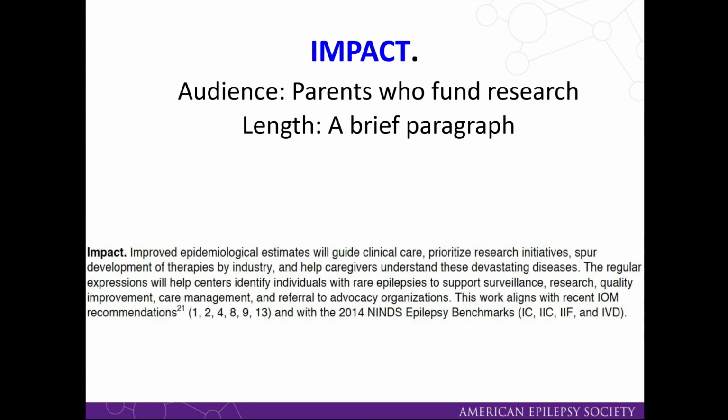Here's another example, and I'll read the first sentence. Improved epidemiologic estimates will guide clinical care, prioritize research initiatives, spur development of therapies by industry, and help caregivers understand these devastating diseases, etc. And then in this impact statement, because I must have been going for a federal funder, I then took a minute to explicitly align with recommendations from an Institute of Medicine report and from the National Institute of Neurological Disease and Stroke Epilepsy benchmarks.